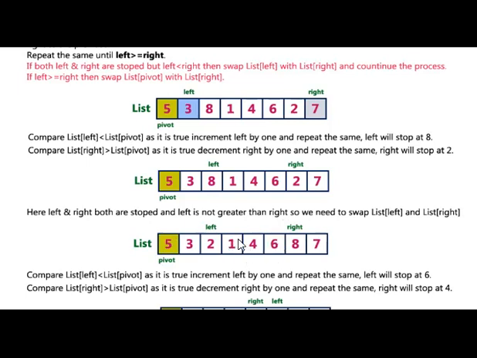Then we check whether the left element 1 is greater than 5 and whether 6 is less than 5. The two conditions are not satisfied. So the left moves to 4, and the right 6 also goes to 4.